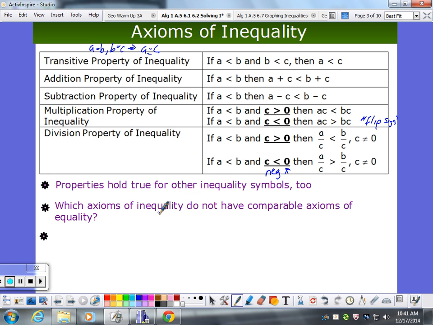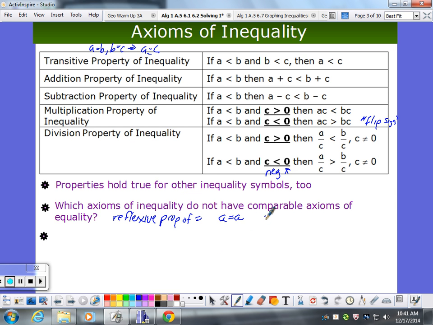Let me help you out here. What's the reflexive property of equality? That's the one that says if you have a number, it equals itself. A equals A. That's reflexive. Good. It is like a reflection. It's like you're looking at yourself in the mirror there.